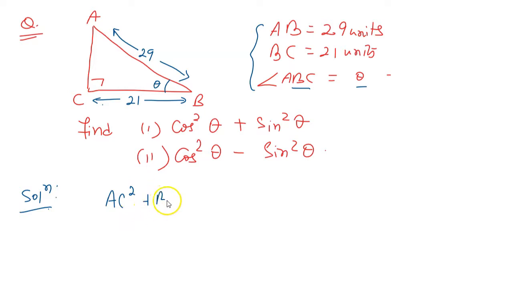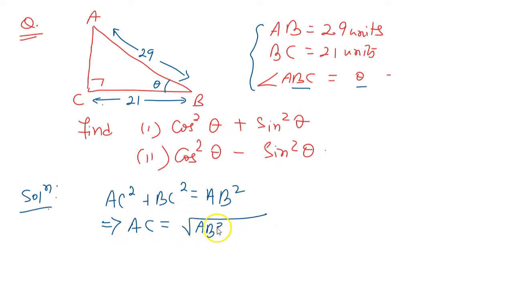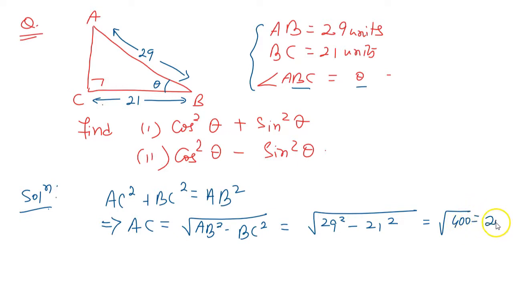AC squared plus BC squared is equal to AB squared. So from here we get AC as root of AB squared minus BC squared, and that is root of 29 squared minus 21 squared. So this comes out to be root 400, and that is 20 units, right? We have found AC, that is 20 units.